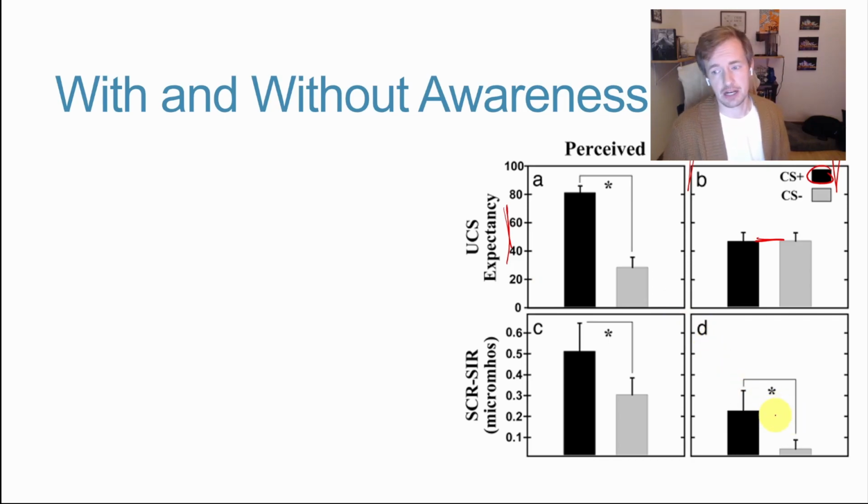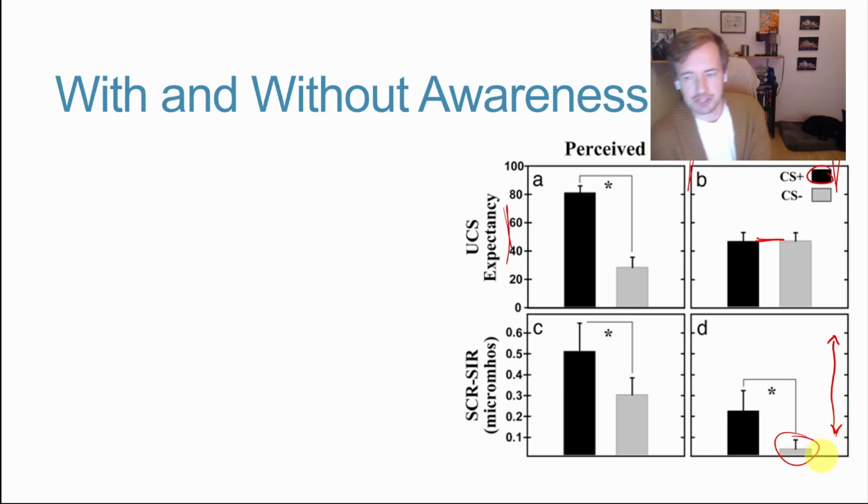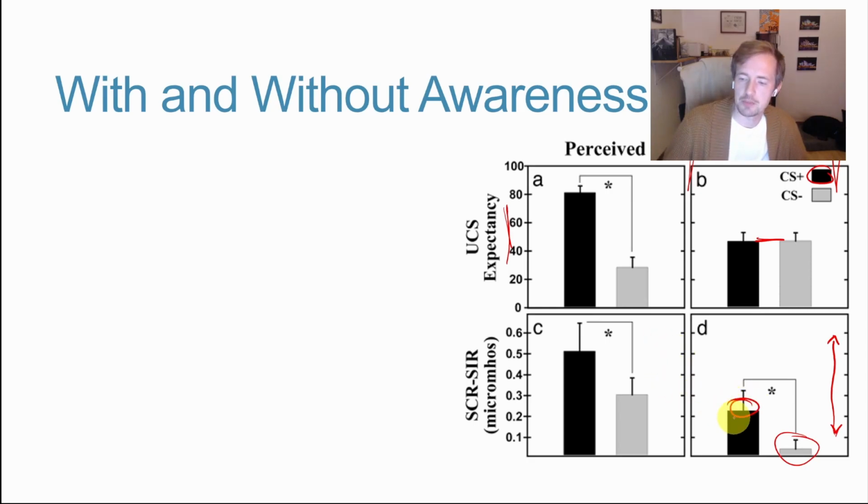We do see a difference there, though, right? So we see that the CS minus folks are pretty chill, because the higher this is, the more stressed you are, the lower it is, the less stressed you are. So there's a pretty big difference between gray, which is chilling like a villain, feeling totally safe, versus this bar right here, which seems to know that something is coming.